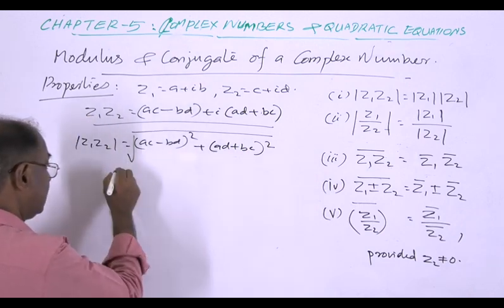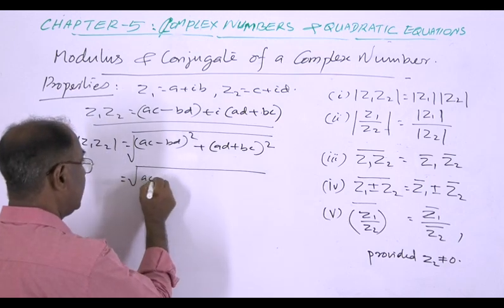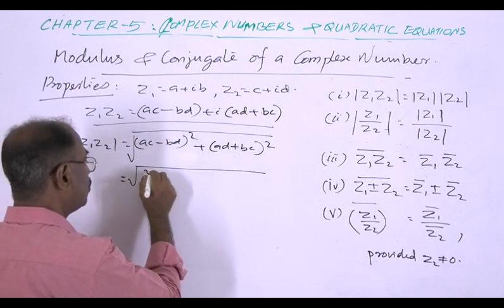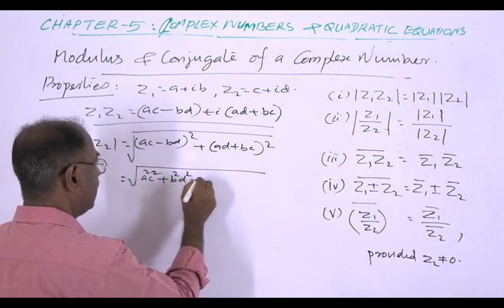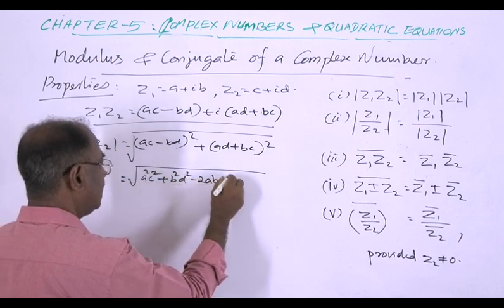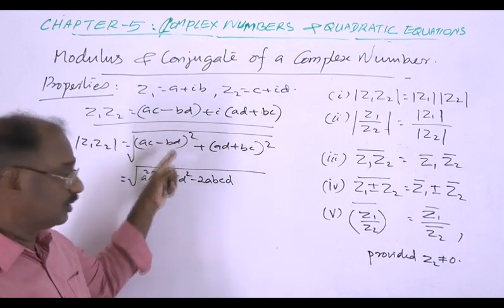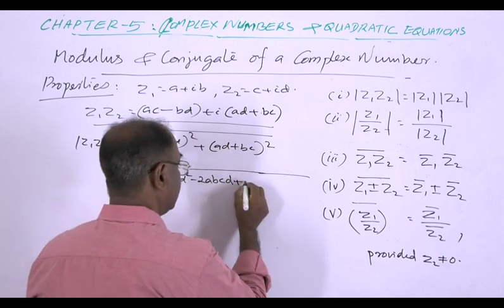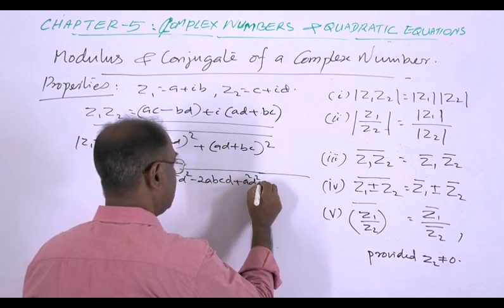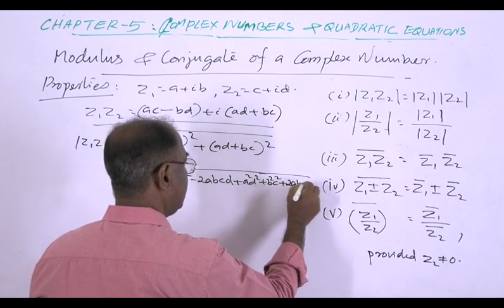And this can again be written as the square root of A squared C squared plus B squared D squared minus 2ABCD plus A squared D squared plus B squared C squared plus 2ABCD.